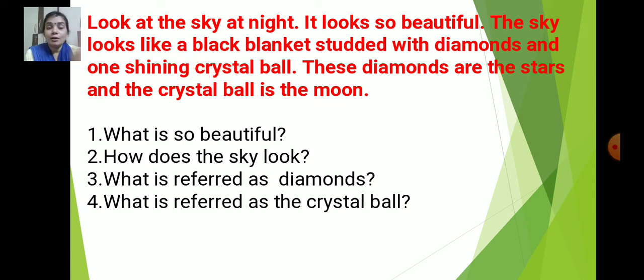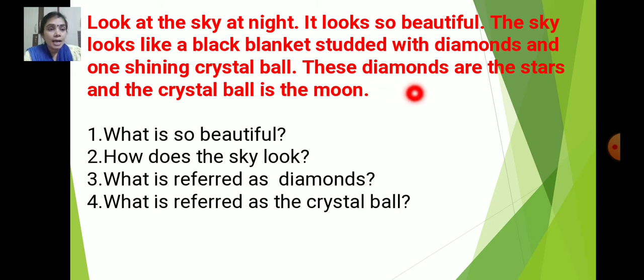First one. Let's read the paragraph. Look at the sky at night. It looks so beautiful. The sky looks like a black blanket studded with diamonds and one shining crystal ball.